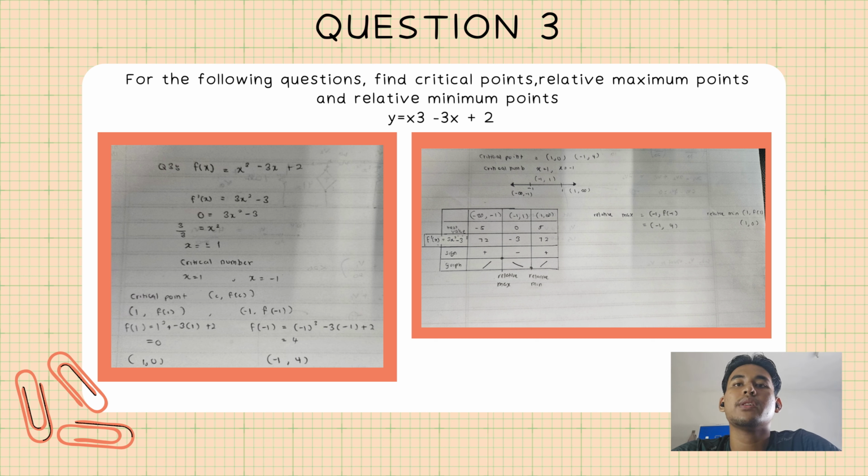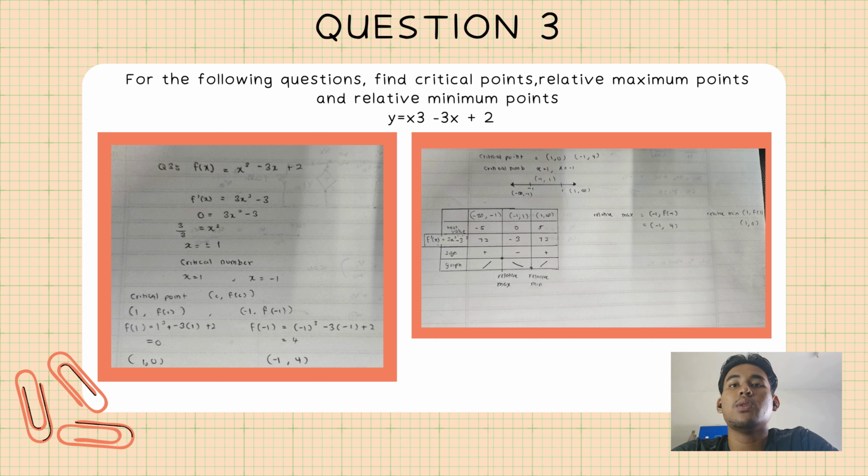So based on the critical points, we can use this formula. For the first row, we search for the value, which is we just insert the -1 and 1. For the second row of the table, we differentiate first, and we insert that value also.